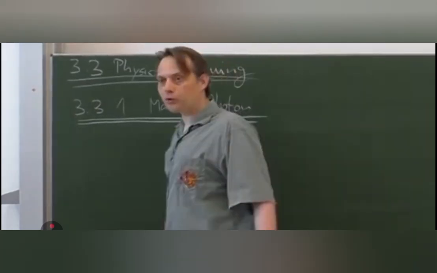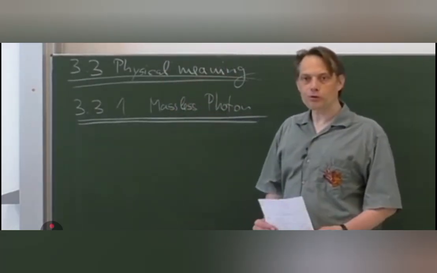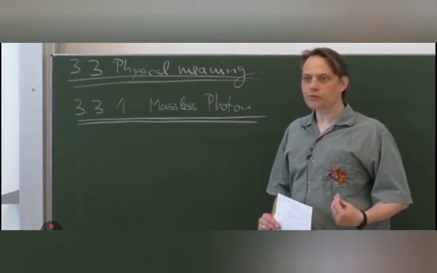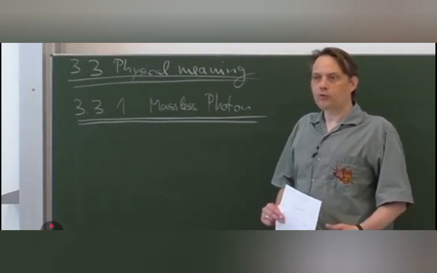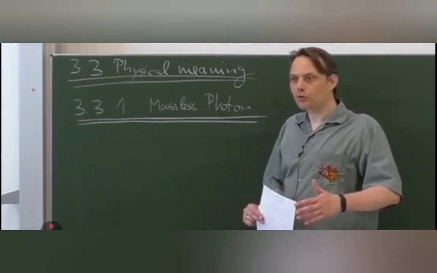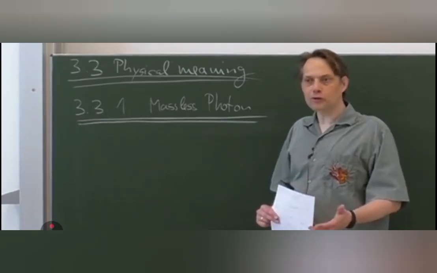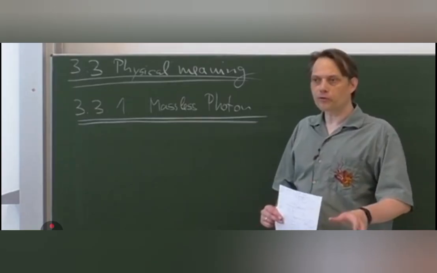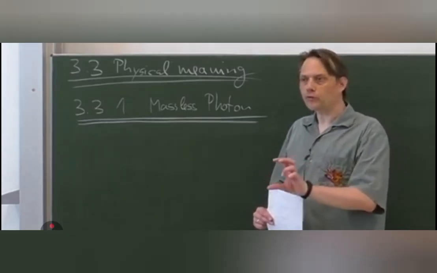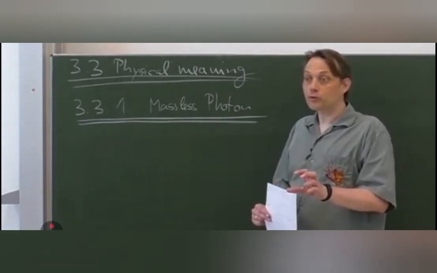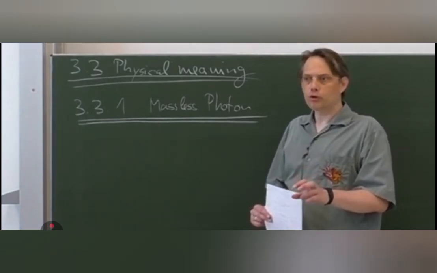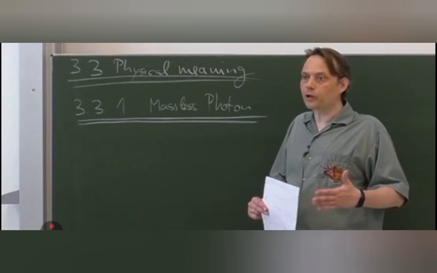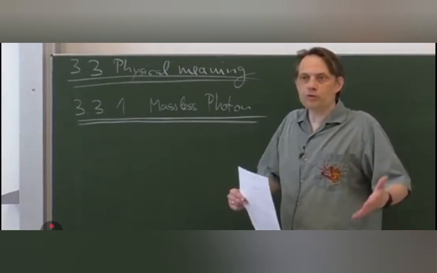So the point was that in our on-shell conditions we could not impose a condition which requires that the photon is massless. Instead, we had a bunch of other conditions which are kind of related to the photon, but the actual condition that the photon is massless would mean that the renormalized photon self-energy vanishes at zero momentum, and that we couldn't impose because there is no renormalization constant available which could make sure such a condition.